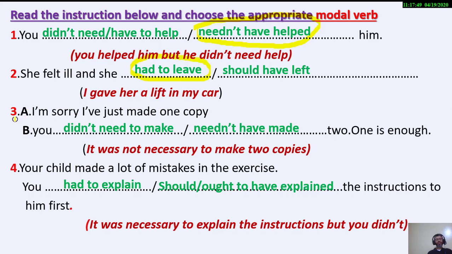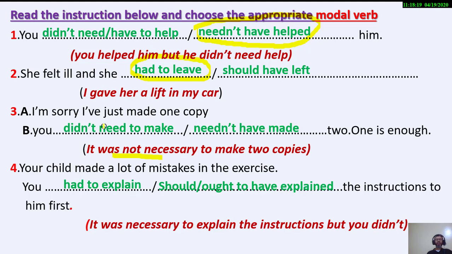Number 3, I'm sorry, I have just made one copy. B, you didn't need to make 2, or you needn't have made 2. 1 is enough. It was not necessary to make 2 copies. Okay, absence of obligation.